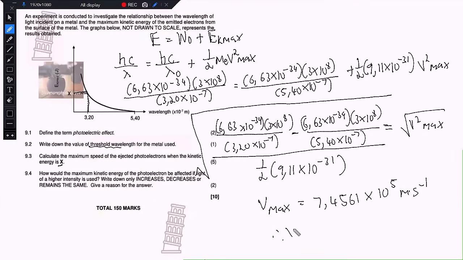Now, if we round off to 2 decimal places, that's 7.46 times 10 to the exponent of 5 meters per second, right? And that's how you would find your Vmax. So always use these easier approaches to deal with everything all at once.